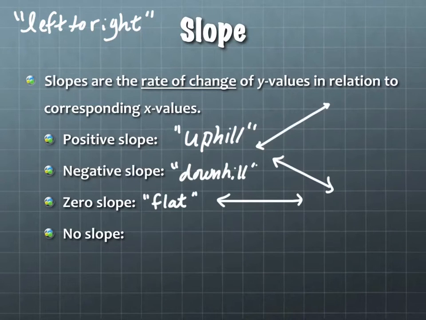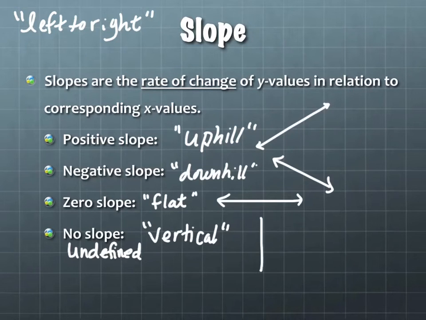So zero does not equal no. No slope means the same thing as undefined slope, which I would far prefer to the word no. The word no feels ambiguous to me. It feels like it could mean either one. It means undefined. Undefined means that you have a vertical line. So your graph looks like this.